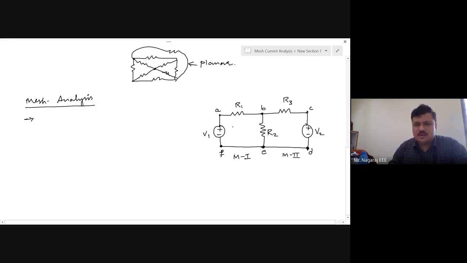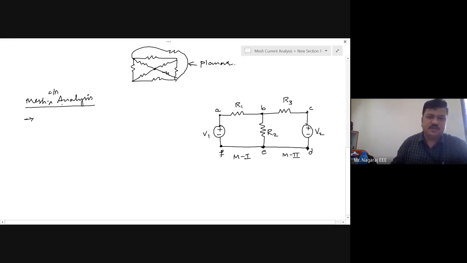So it means that I should assume the current. Here I will assume the current in each loop or in each mesh, and write the KVL equation. But the analysis is mesh current analysis. It means that I should be assigning the mesh currents.